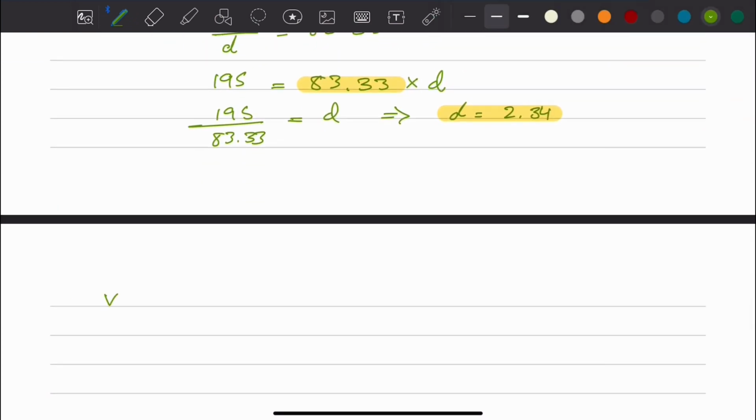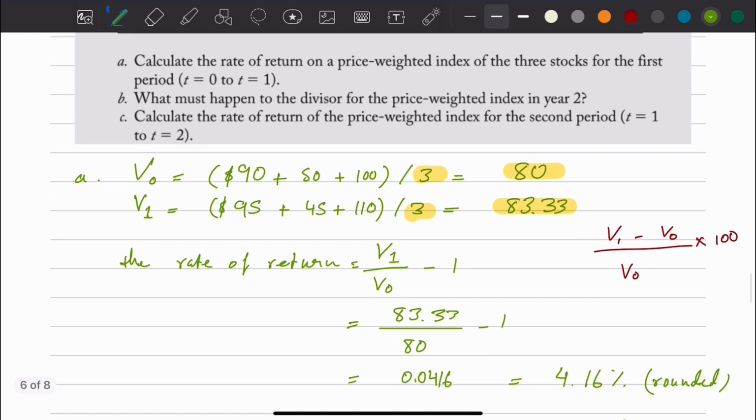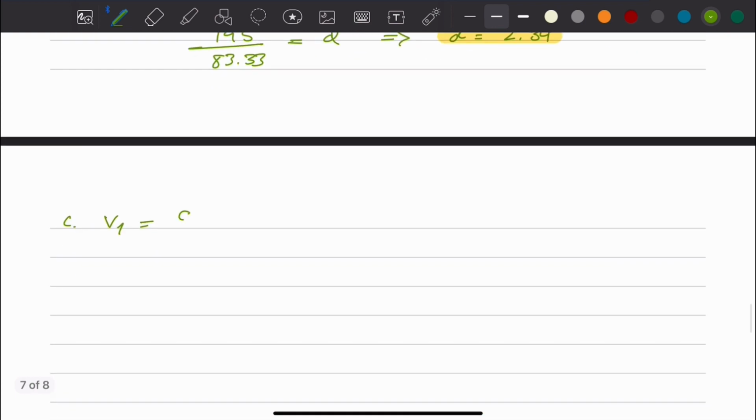Part C, the value of the index at time 1 equals, as we already calculated, 95 plus 45 plus 110 divided by 3, which gives us 83.33.